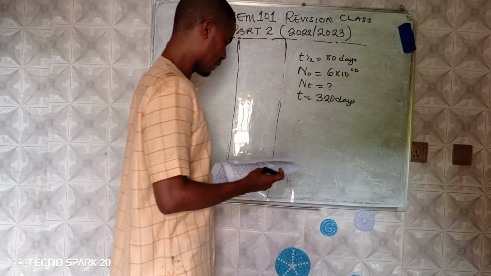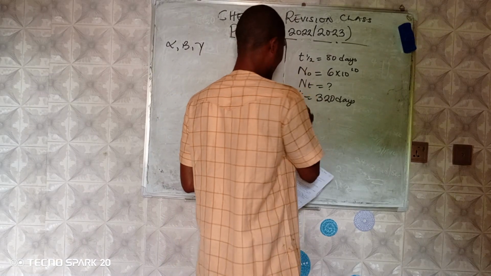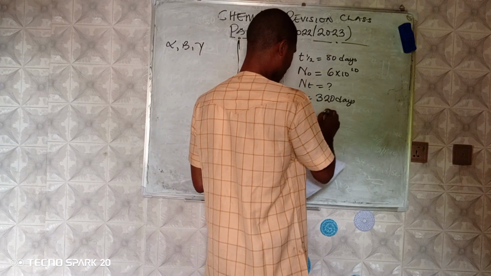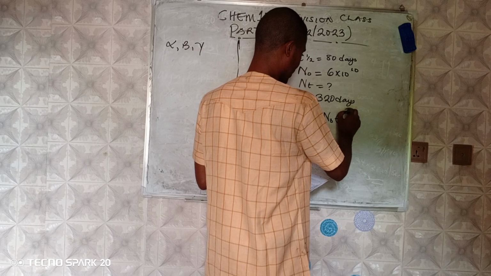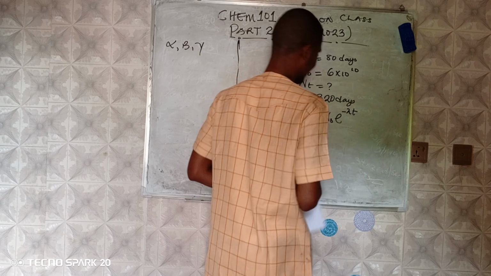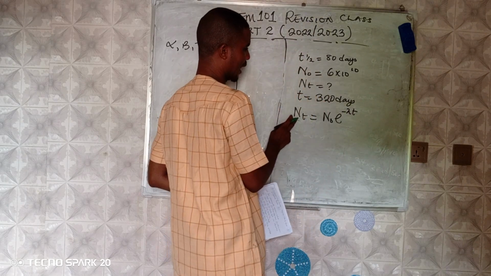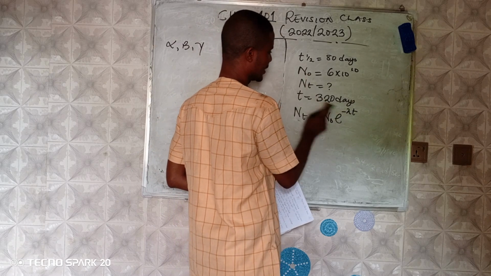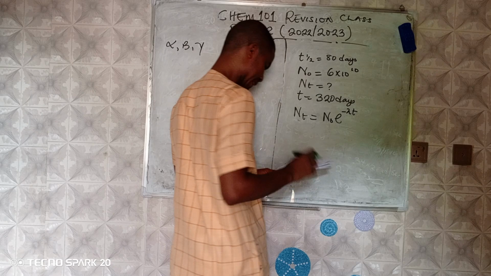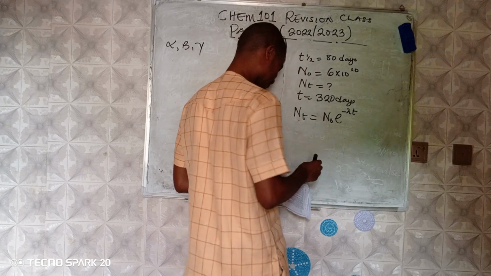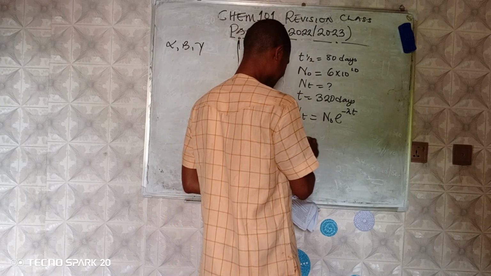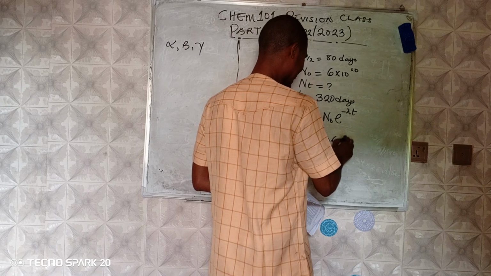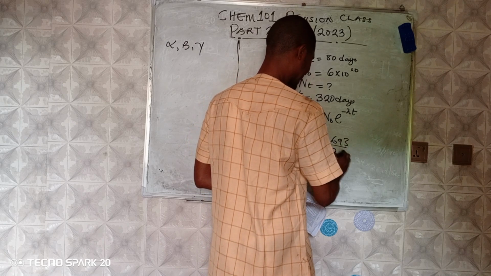Remember that we'll be using the formula NT equals N0 exponential minus lambda t. We are looking for NT. We have N0, we have t, but we don't have lambda. But you should know that T half equals 0.693 over lambda.